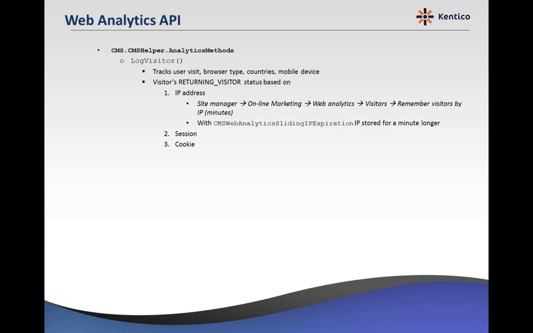So the first thing the system tries to check is based on the IP address. Do I know that user or not? If I don't know the user, then I take a look at the session, and then eventually I take a look at the cookie, and I will try to figure it out from there. So that's the priority kind of thing, just to clarify what goes first.